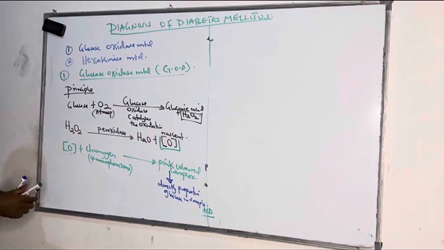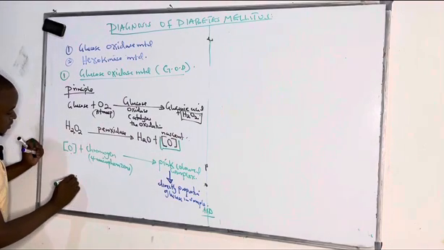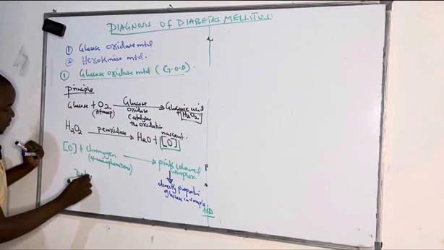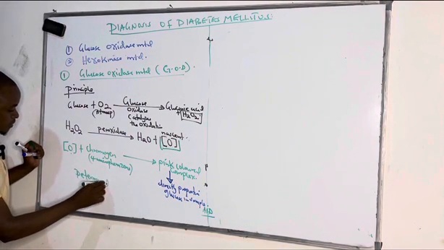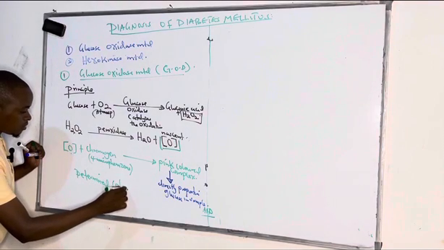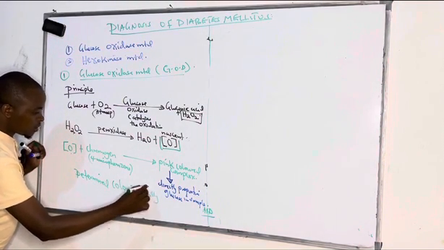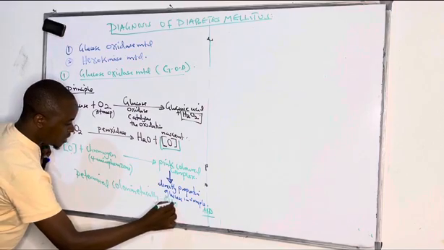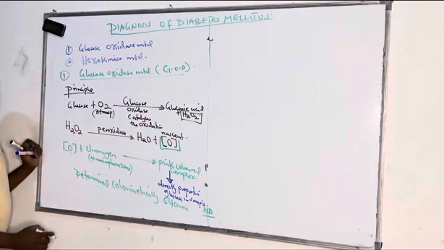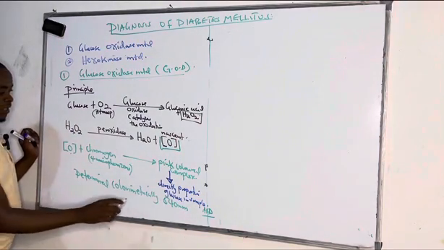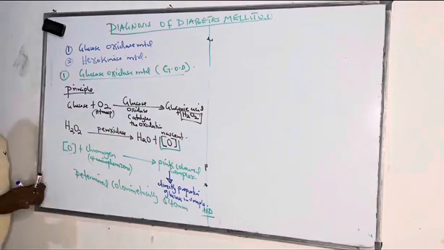And this is determined colorimetrically at 540 nanometer wavelength, and the intensity is directly proportional.